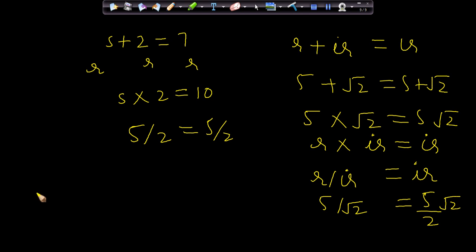What will happen if I add an irrational number with an irrational number? If I add an irrational number to an irrational number, the result can be anything, right? It can be a rational number or an irrational number.